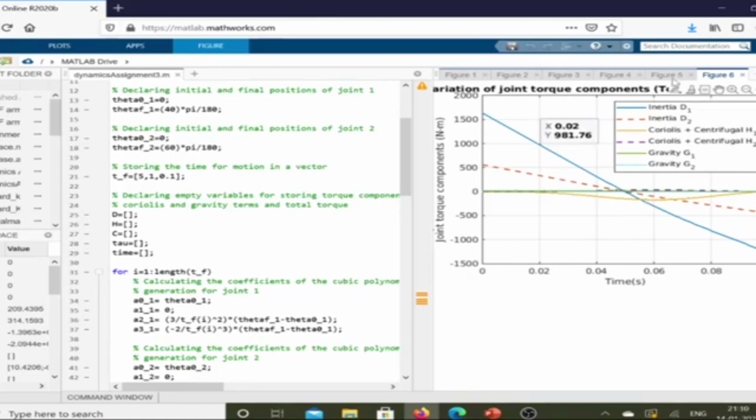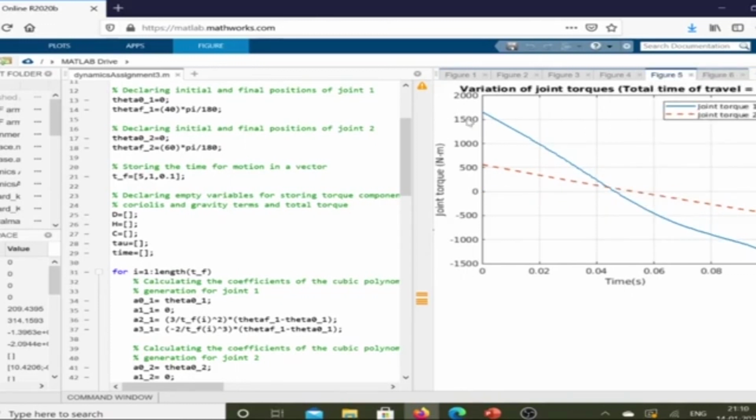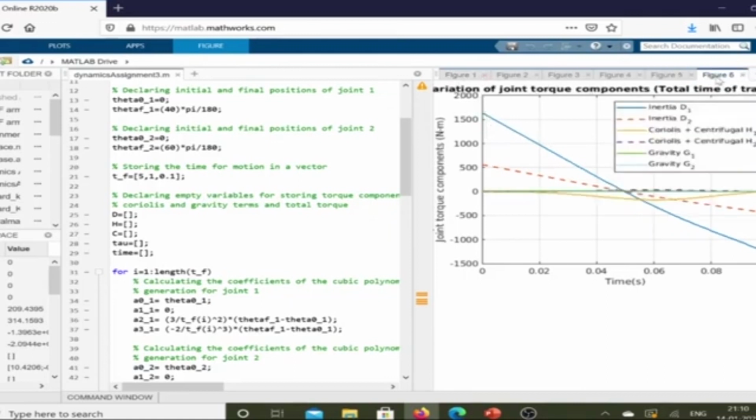So this is one end of the spectrum, where we have the motion for 0.1 second, and we are seeing the torques going up to 1600 Newton meter. Note this carefully and remember this: the gravity torque is almost 0, and your inertia components are 1500 and 500.